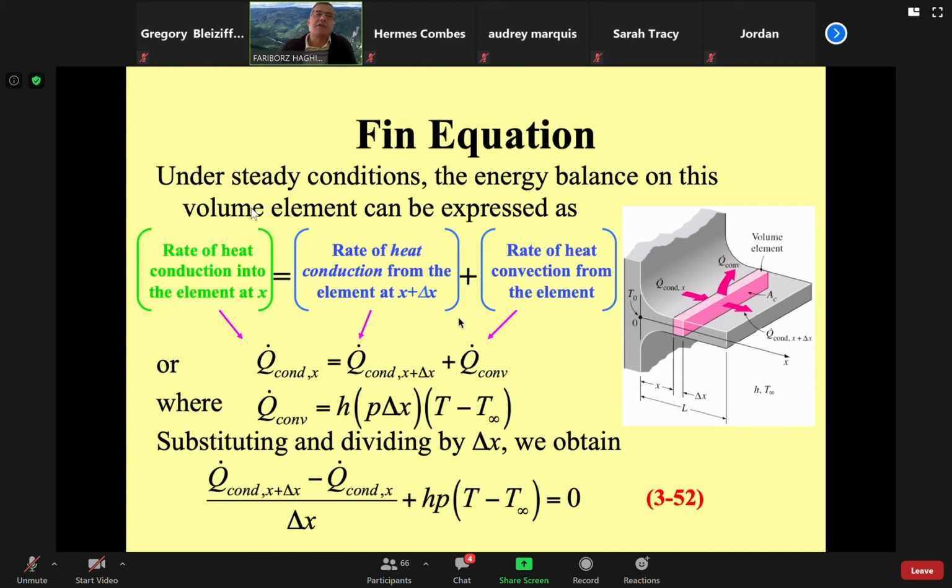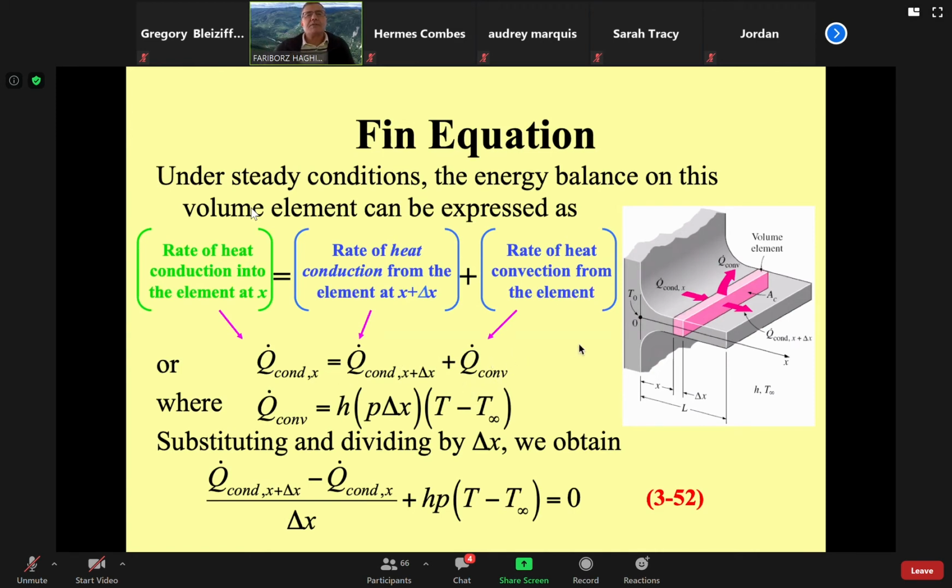Conduction comes in at x, conduction leaves from this side, and I have conduction going in this direction, and this is my convection to the outside. Again, the same thing that we did before. This is my equation. We can write this minus this equals 0, it doesn't matter.